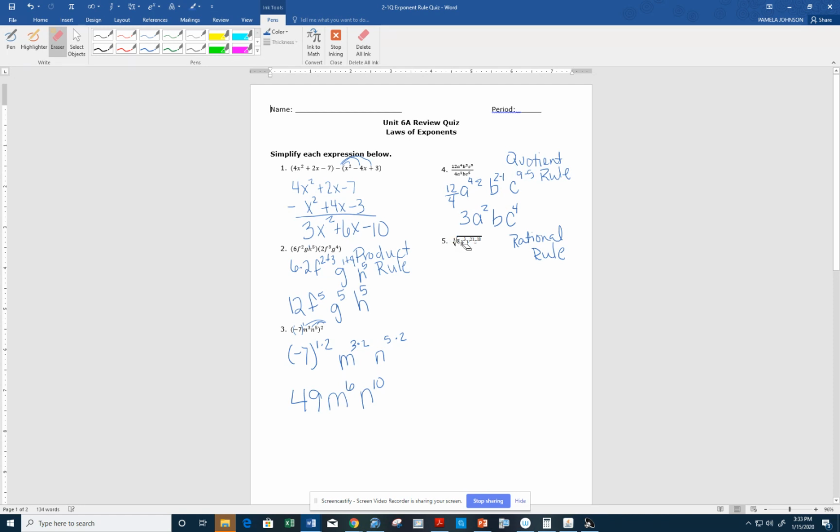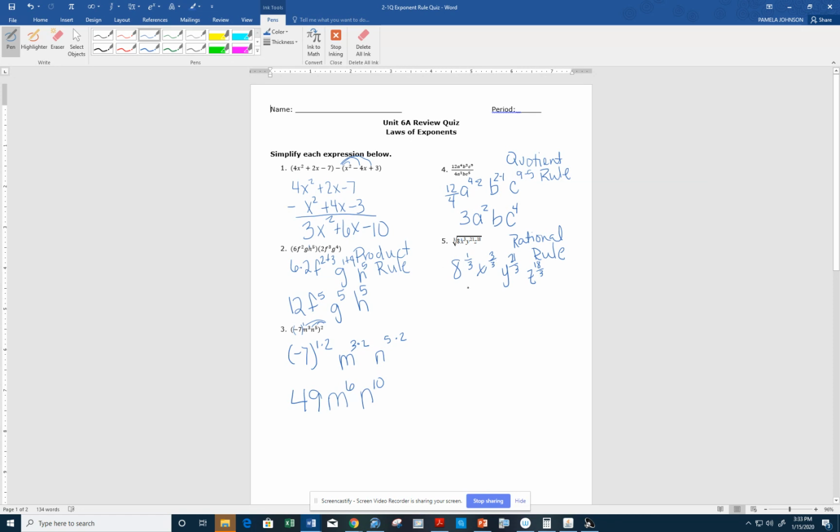Now, we have to remember that the 8 has a power of 1. So 8 to the 1 over 3, x to the 3 over 3, y to the 21 over 3, and z to the 18 over 3.